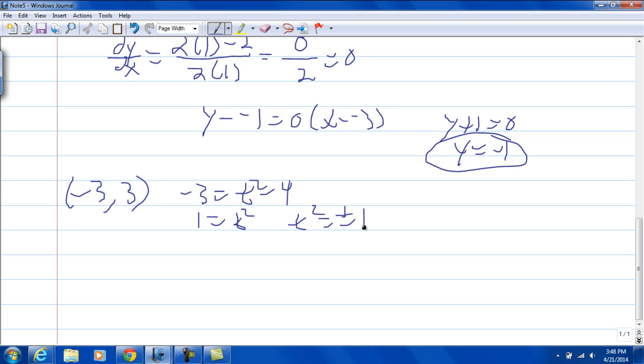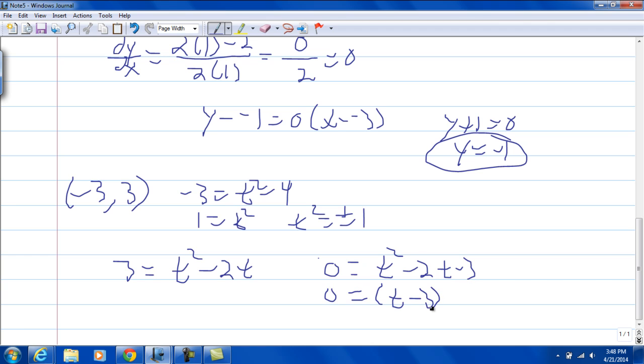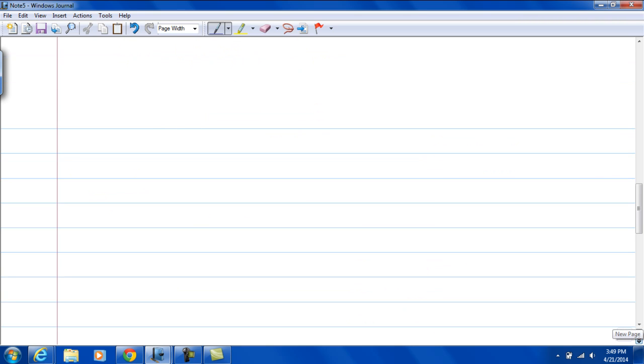But if we do the other point, the 3 for the y part, 3 equals t squared minus 2t, so 0 equals t squared minus 2t minus 3, and we can factor that down to be t minus 3 times t plus 1. So at this point we can just say t equals 3 or -1. Well, what coincides? The -1 would coincide with the previous set of solutions.